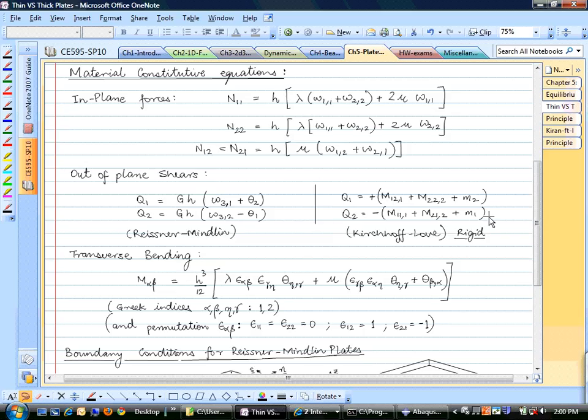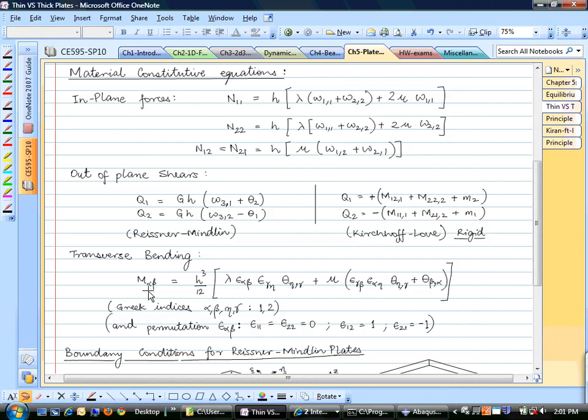So these two relationships are the equilibrium relationships, very similar to the Bernoulli-Euler beam that we used to calculate shear forces. And similarly, you have the relationship between moments and curvatures. So just like in the beam theory, we had M equal to EI theta prime or EI w double prime.